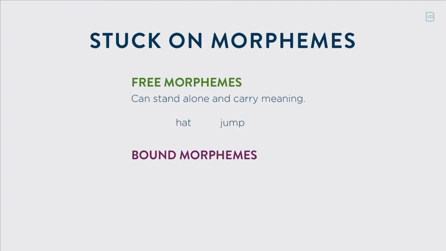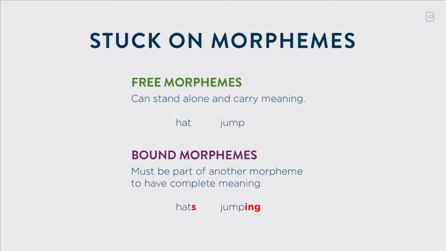Bound morphemes have to have another part. They have to be bound to another part of the word. So, for example, when we add prefixes to the beginning of words or suffixes to the end of words, these word parts carry meaning, but only when they're attached to something else.